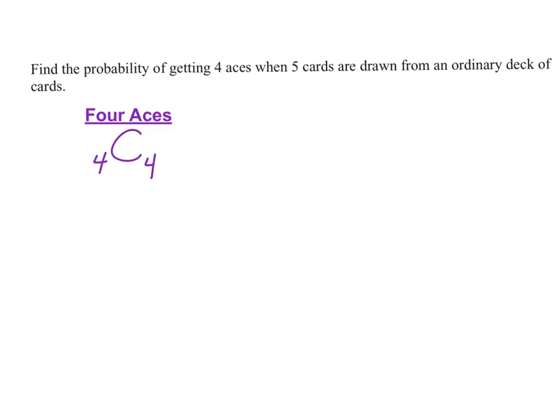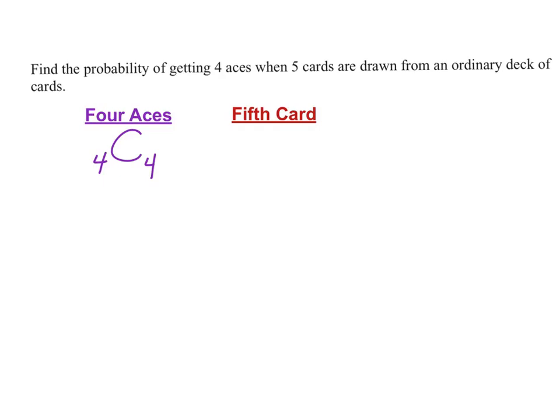Now, that's just 4 of the cards. I need a 5th card, because we're going to draw 5 cards. Understanding the aces are gone, I can't draw an ace again. We drew all the aces. So how many cards are left to draw from? There's 48.